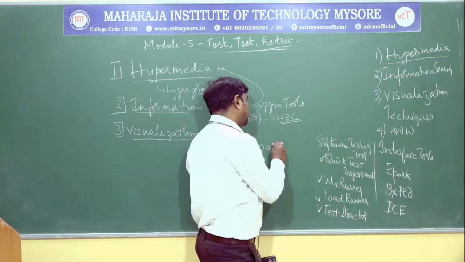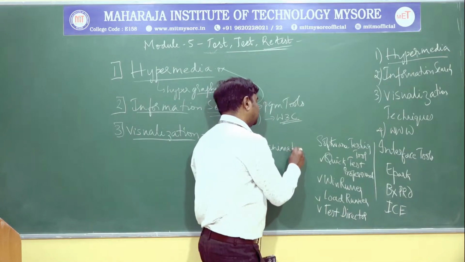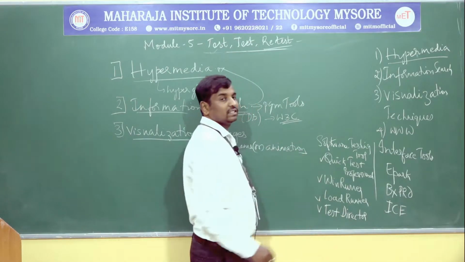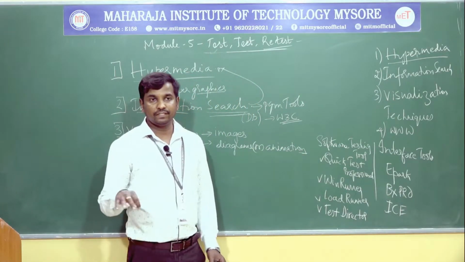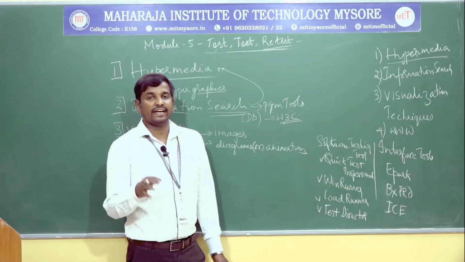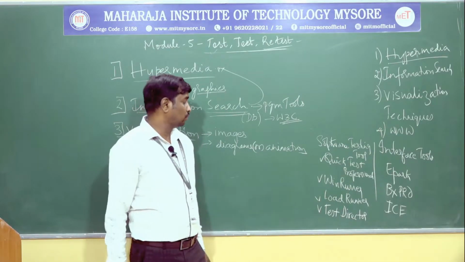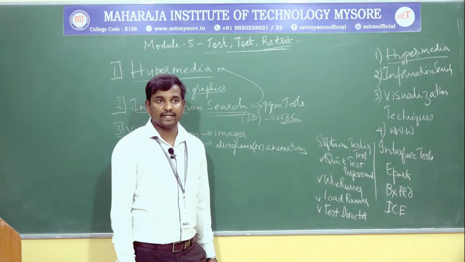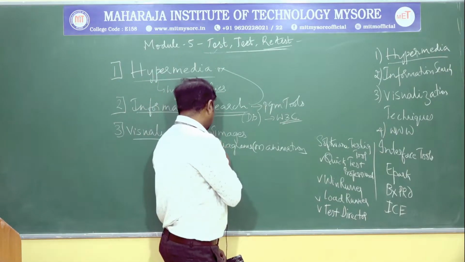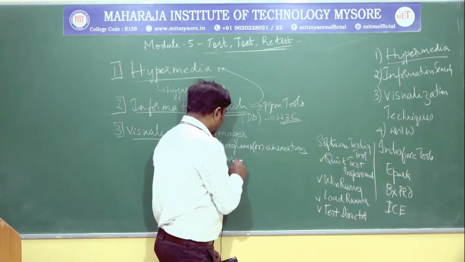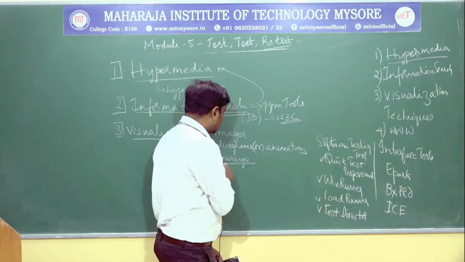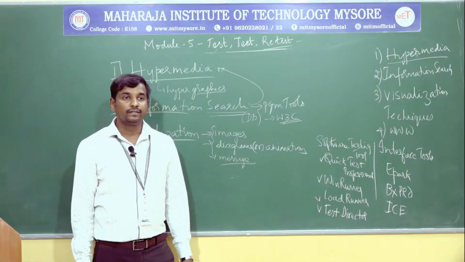Animations and diagrams are different: animation is the flow of information presented, but a diagram is a static one. Both come under the same category. Mainly these things are used for information representation on the screen.